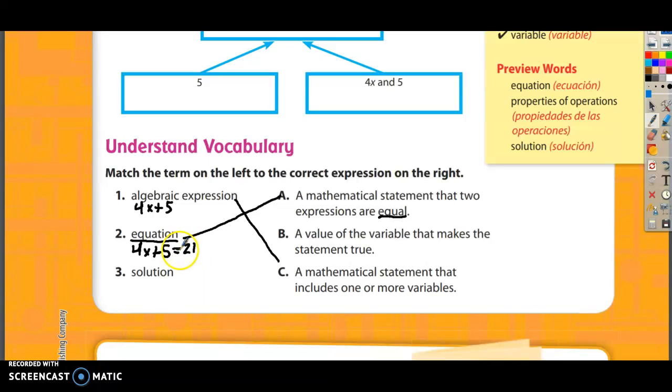That's the difference between an equation and an expression. And the last one, the solution is a value of the variable that makes the statement true. So 2 equation matches with A, 3 solution matches with B, and 1 algebraic expression matches with C. Okay, good job. You are done with the first 2 pages of this lesson. You may move on.